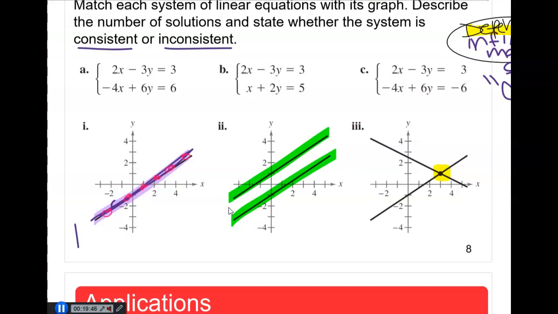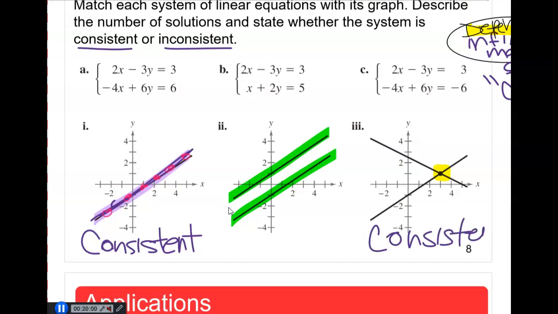The first one, yes, so it is consistent. The third one is also consistent. The one in the middle is going to be inconsistent. It has no solution.